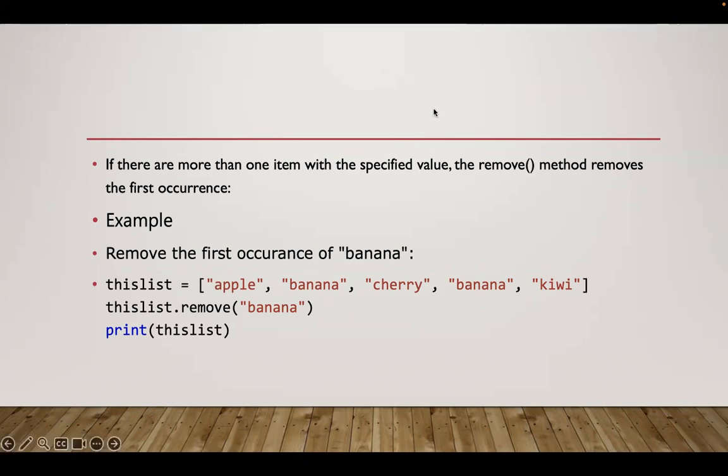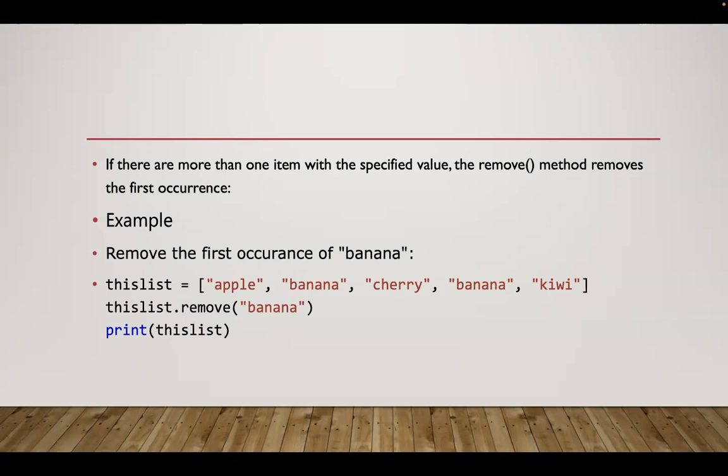Nevertheless, if you get the code wrong, you will continue to suffer with it. As you can see on the screen, it says if there is more than one item with the specified value, the remove method removes the first occurrence.